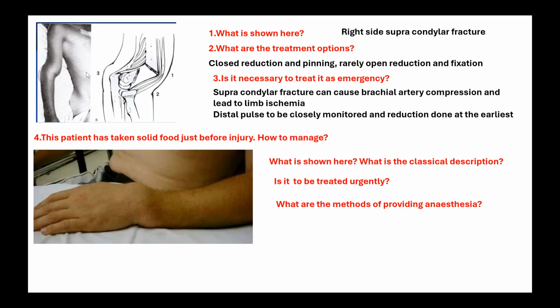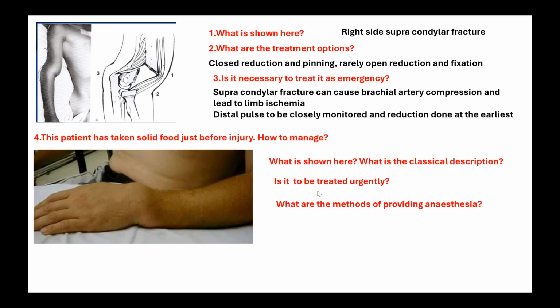Is it an emergency like your supracondylar fracture, or can this Colles' fracture wait? It can wait. There is no urgency because there is no threat to the blood supply to the limb. The patient will have pain, so you can give a supportive slab or a cast and wait till the patient is better to be taken up for elective surgery.